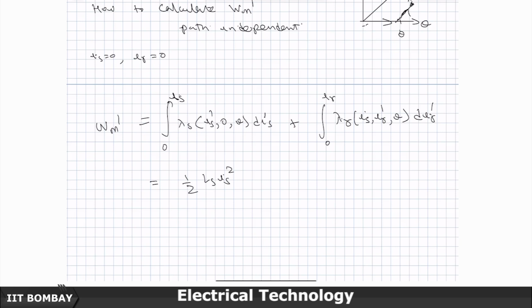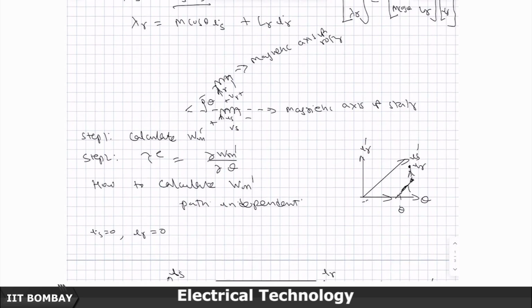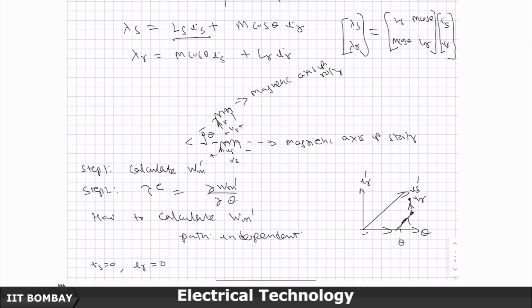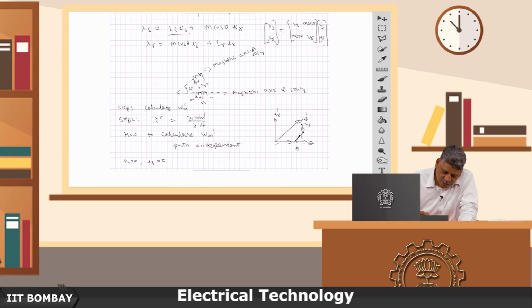Now look at the second term. When you integrate this, IS is now fixed to whatever level you wanted to bring it to, and you are going to integrate with respect to dIR dash.